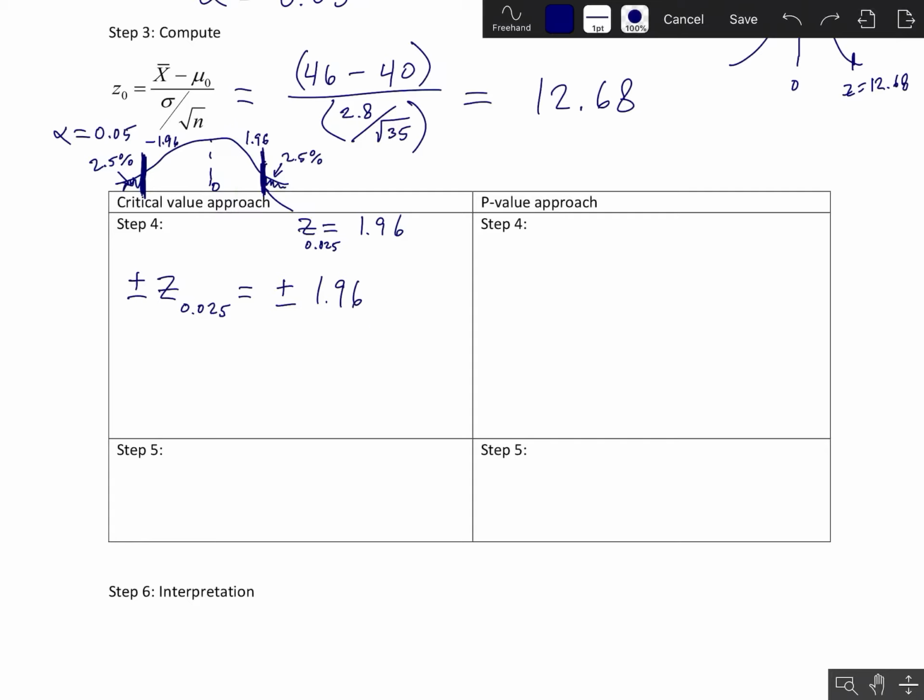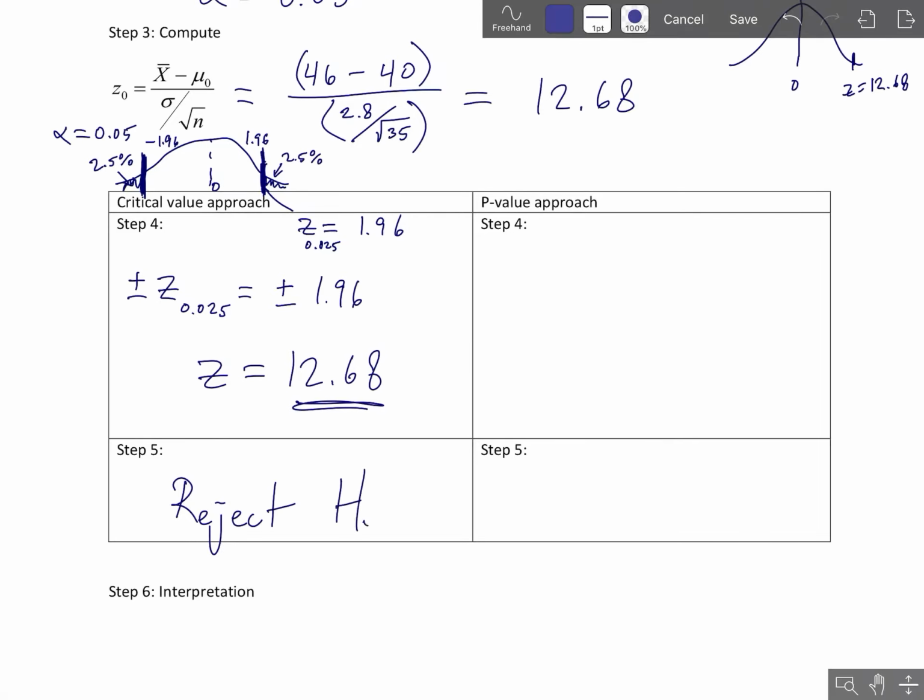So that would be between those critical values and closer to 0. But if we end up getting a test statistic that's further away than plus or minus 1.96 from 0, then we would reject the null hypothesis. And remember that our test statistic in this case was actually gigantic. It was 12.68. So because this 12.68 is more extreme than our critical values, we would reject the null hypothesis.